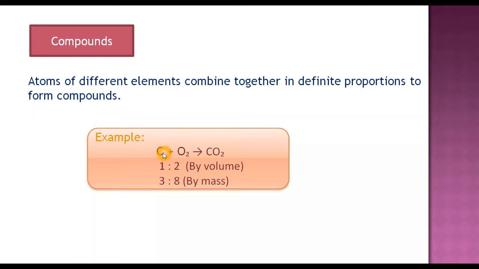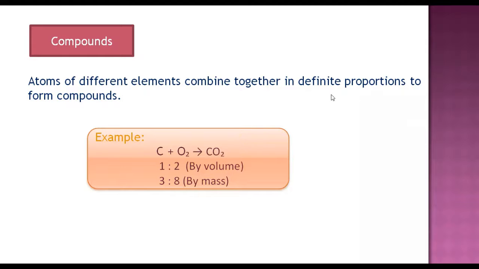See, carbon element is combined with oxygen element. Here carbon is a kind of element, and oxygen is again a kind of element. But here we are having 2 atoms of oxygen. That means 2 atoms of oxygen have been combined, and we know whenever 2 or more atoms come together, they form a molecule. Basically it's one molecule of oxygen. So they combine together and form carbon dioxide.